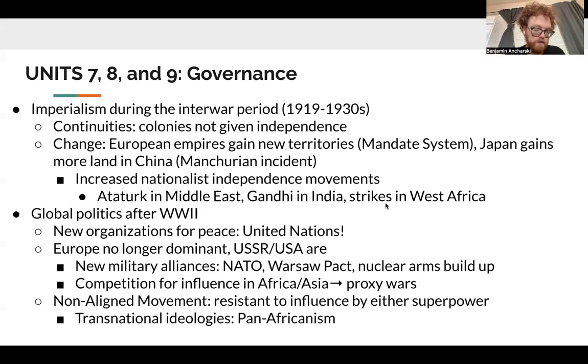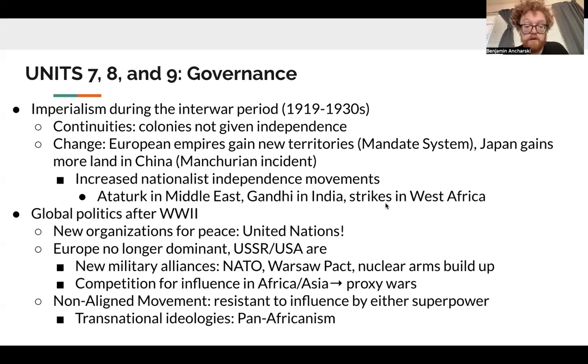And we do see that new alliances will form: NATO, the Warsaw Pact for the Soviets. And of course, these countries, the Soviet Union and the United States, are competing for influence in Africa and Asia via proxy wars. The Soviets back communists, the Americans back anyone who's not a communist, including fascists. But that's besides the point.